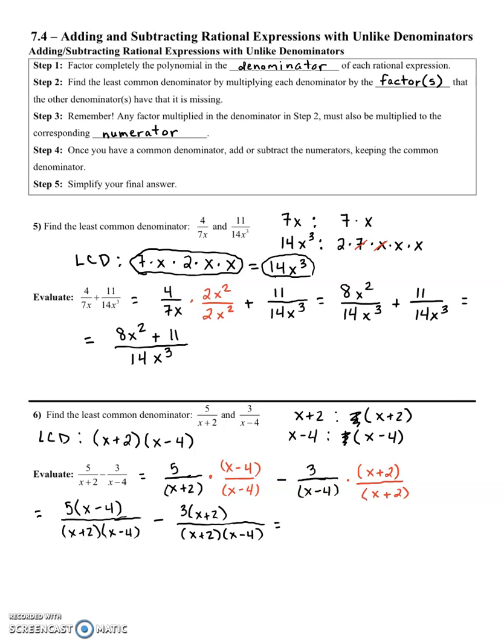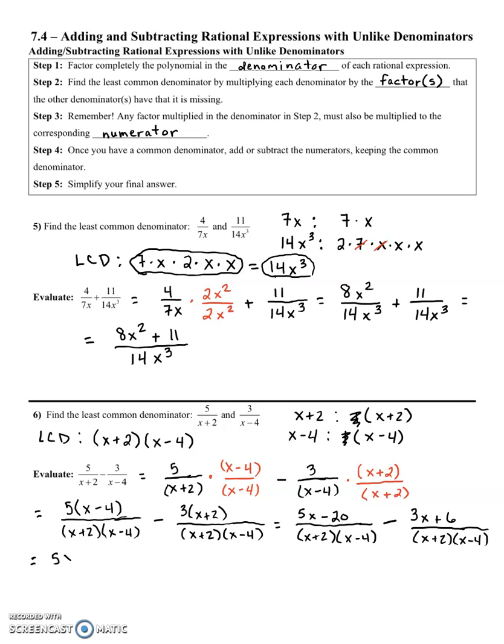Now we need to distribute in our numerators, so we have 5x minus 20 all over x plus 2 times x minus 4, minus, distributing in the next one, 3x plus 6 all over x plus 2 times x minus 4.